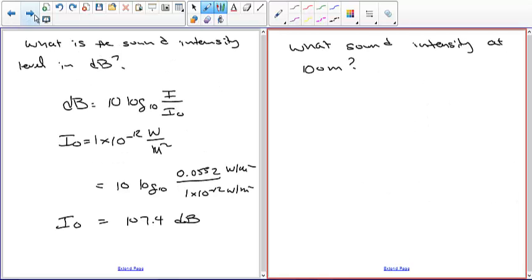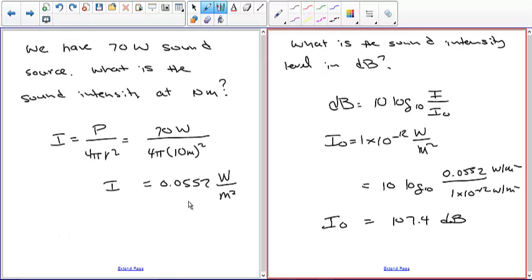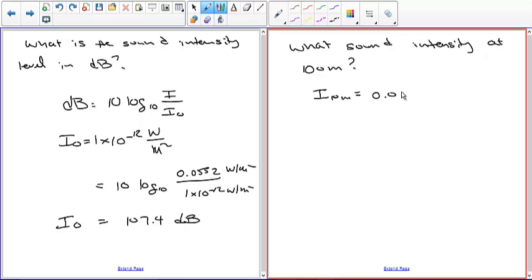If you're looking at the sound between 2 points, we know the sound at 10 meters. We don't use decibels, you have to use watts per meter squared, which is 0.0557 watts per meter squared. And that, let's call that R, 10 meters is 10 meters.